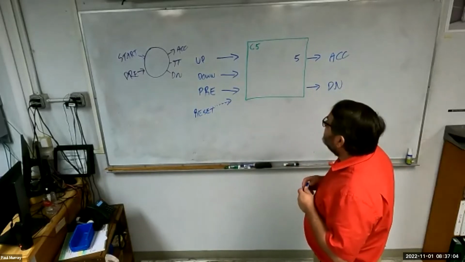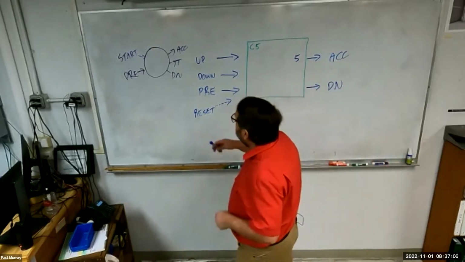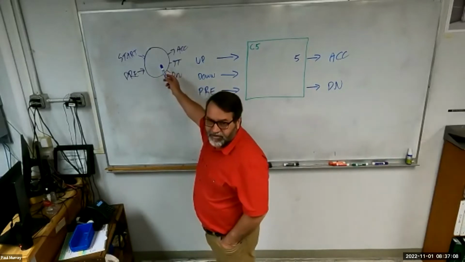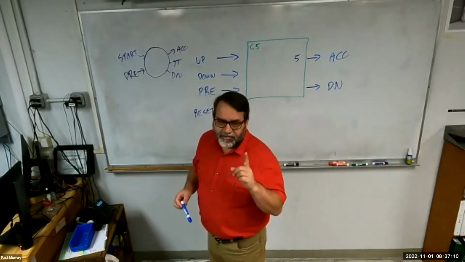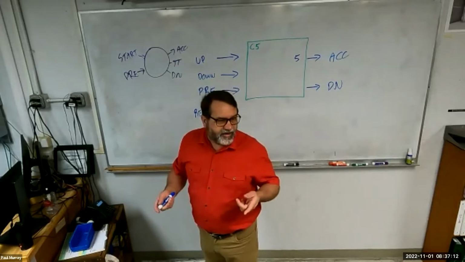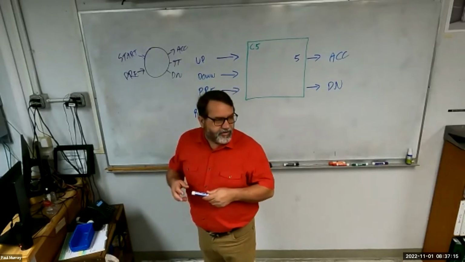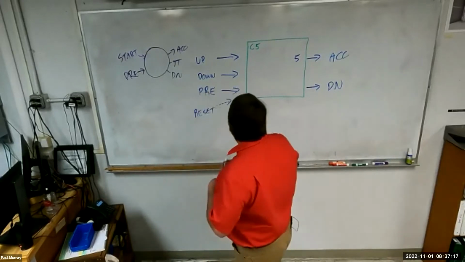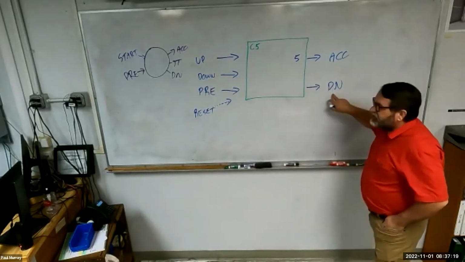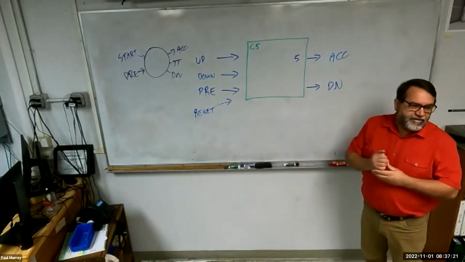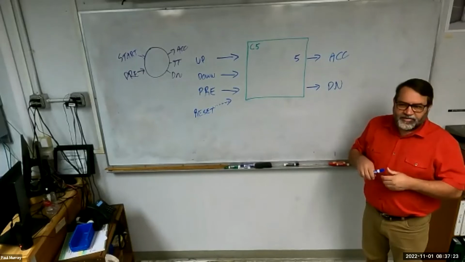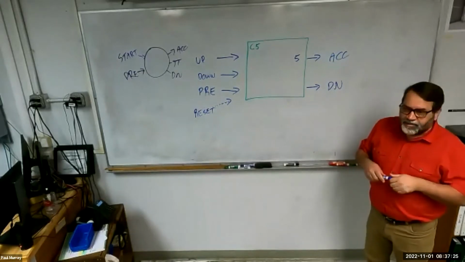So that's different. Another big one is when a timer is finished, the done bit goes hot for one time, and then usually it resets and then the hot signal goes away. With counters, the done bit goes hot and it stays hot. So it's a little bit opposite that way.